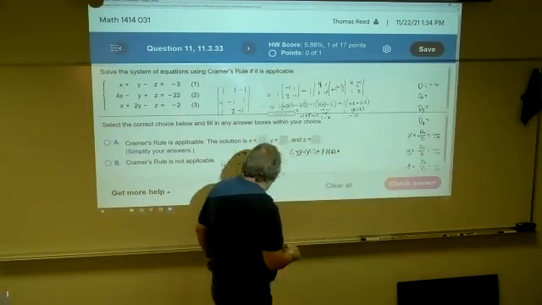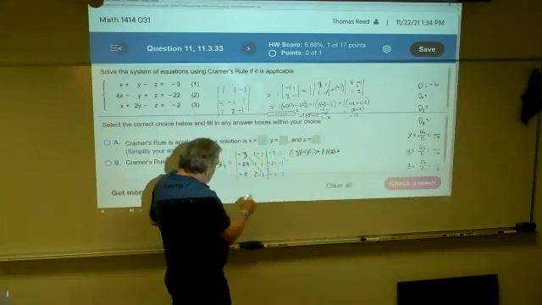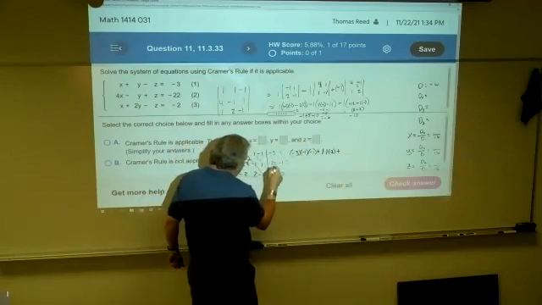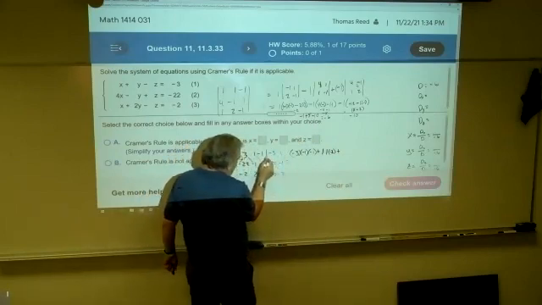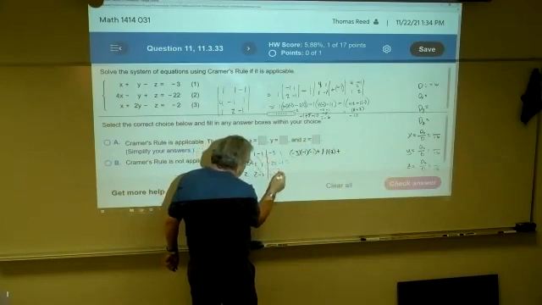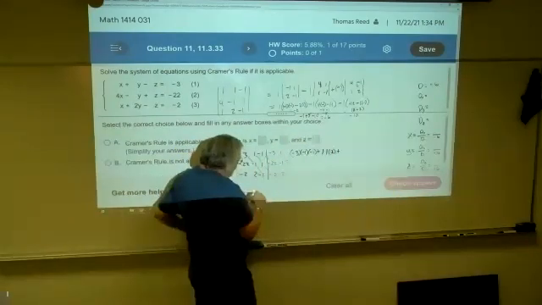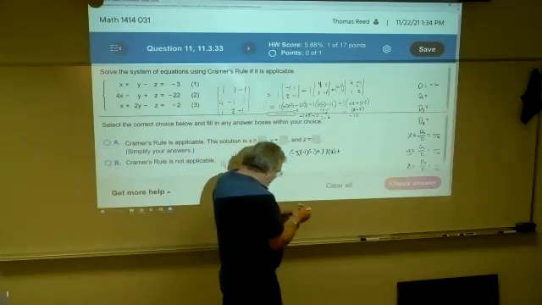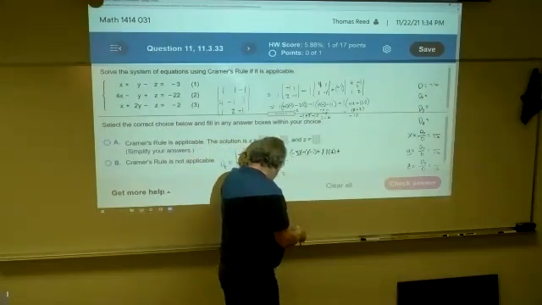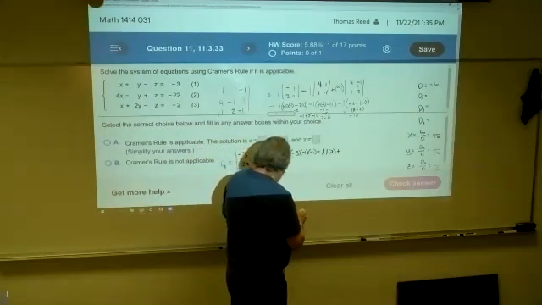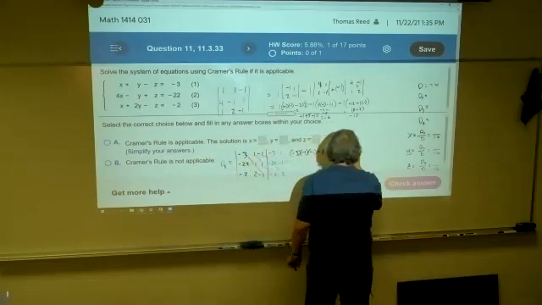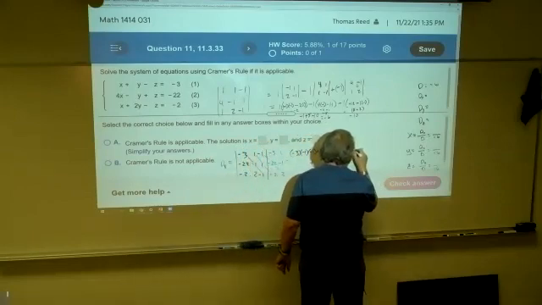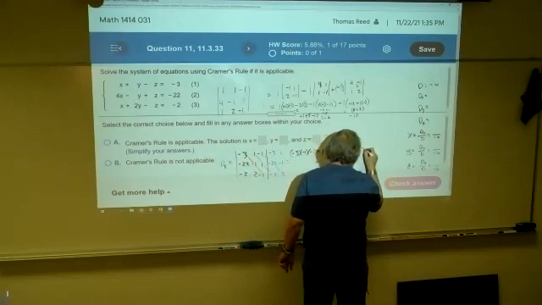Plus, I'm still adding because I haven't gone on to a different direction. And so the third diagonal going in the same direction is negative 1, negative 22, and 2. So I'm going to be multiplying a negative 1 times a negative 22 times 2.